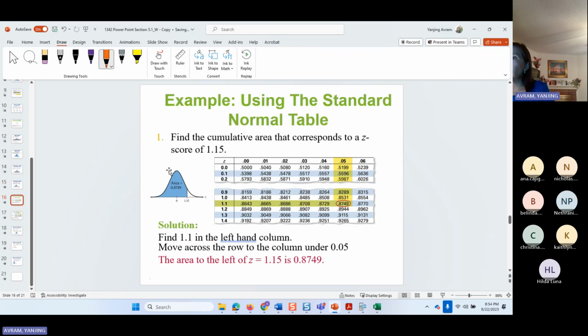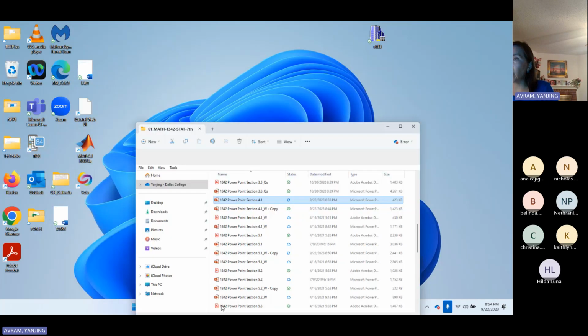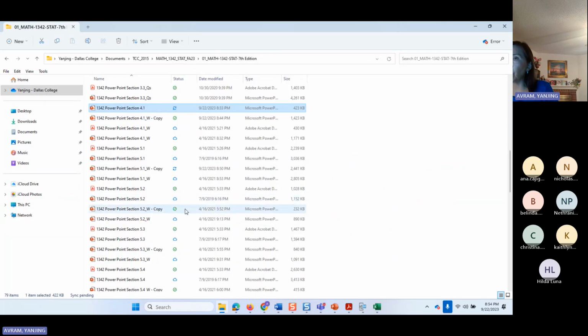All right, so this one is reading the table. How do we read a z-score of 1.15? We will need to learn how to read a table in this chapter. The table actually is very straightforward.